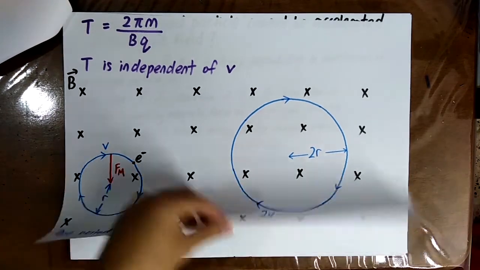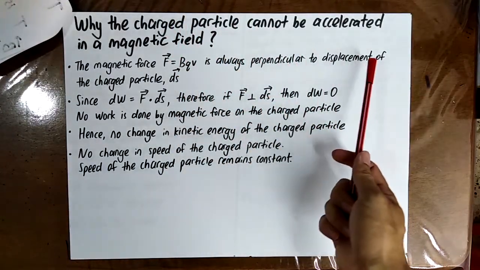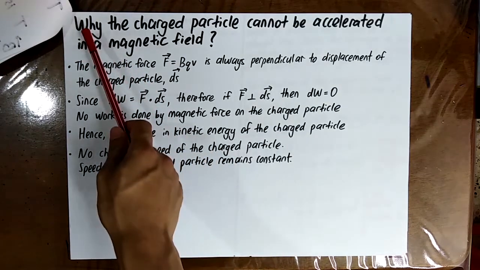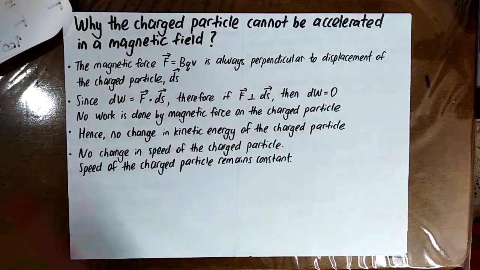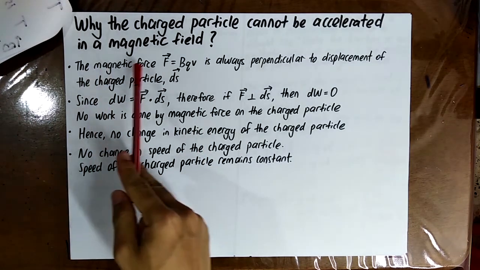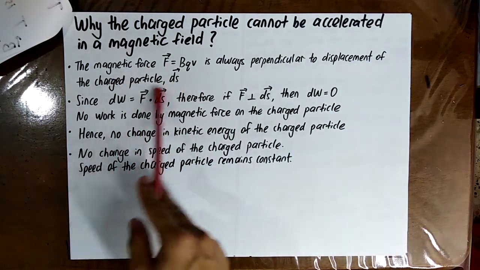So you know that the charged particle has a constant velocity, and therefore we want to question why the charged particle cannot be accelerated in a magnetic field. The magnetic force is always perpendicular to the displacement of the charged particle.